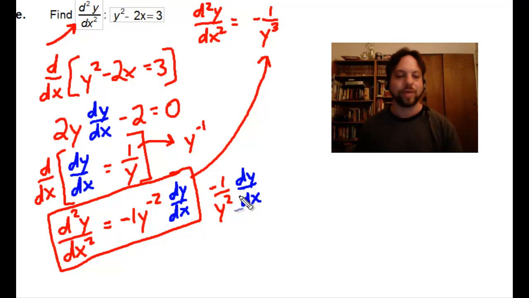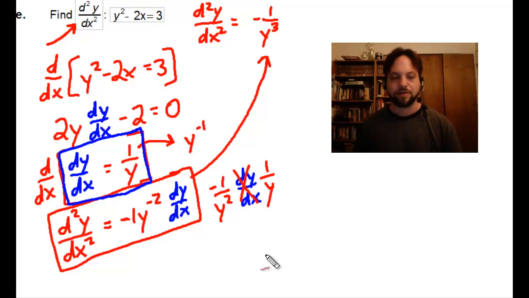I'm going to argue that we absolutely do. In fact, right here, it is stated very clearly that dy dx equals 1 over y. So what am I going to do? I'm going to plug in 1 over y for this dy dx, and look what I get for my result. There we go. Now I'm happy.